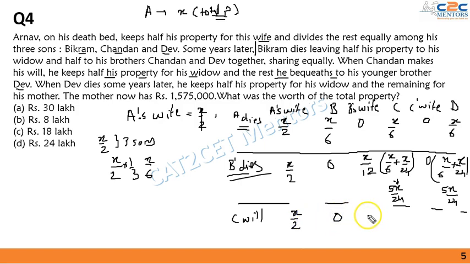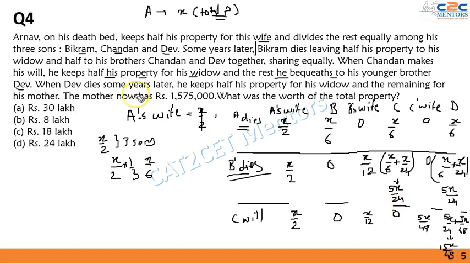This is 0. B's wife has x by 12. Now C 0. C's wife has half of it, 5x by 48, and Dev has 5x by 24 which he had initially plus 5x by 48 which Chandan gave him. So this calculation turns out to be 15x by 48.